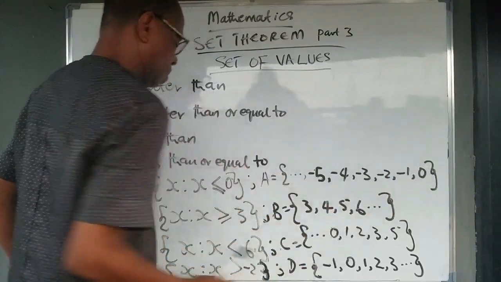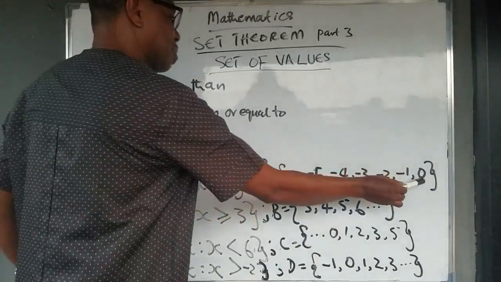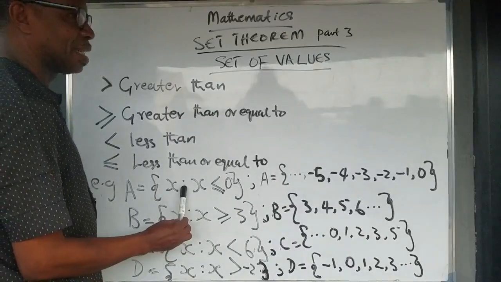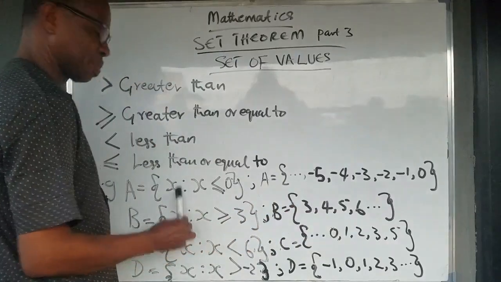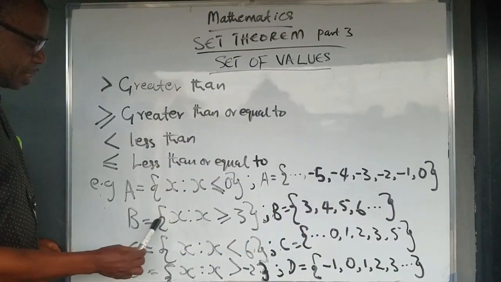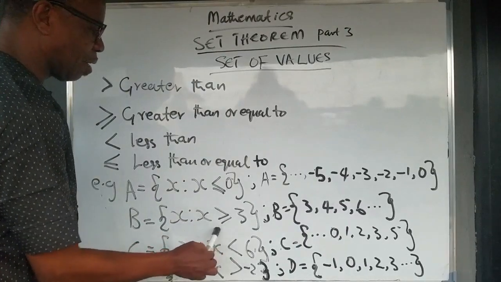Why do I stop at 0? Because it says less than or equal to 0. So you have to interpret it before you can find the set. After this, you will be able to solve any question that is given to you. Now, they say that B is a set of X, and X is greater than or equal to 3.